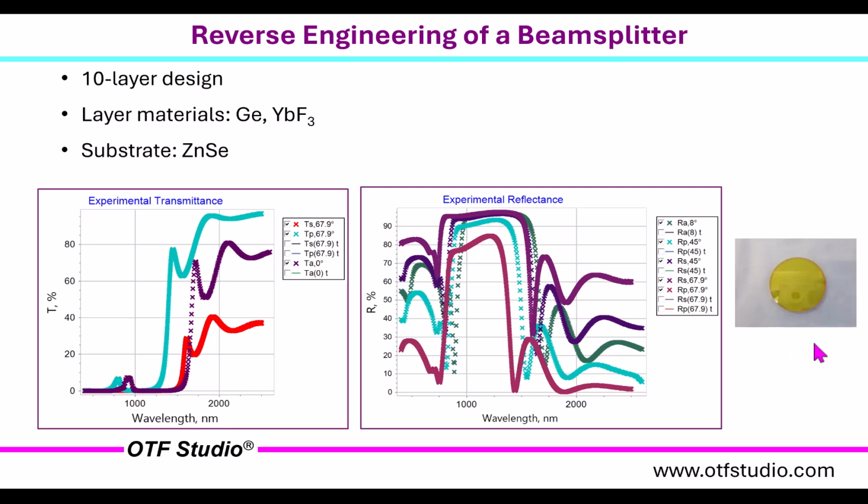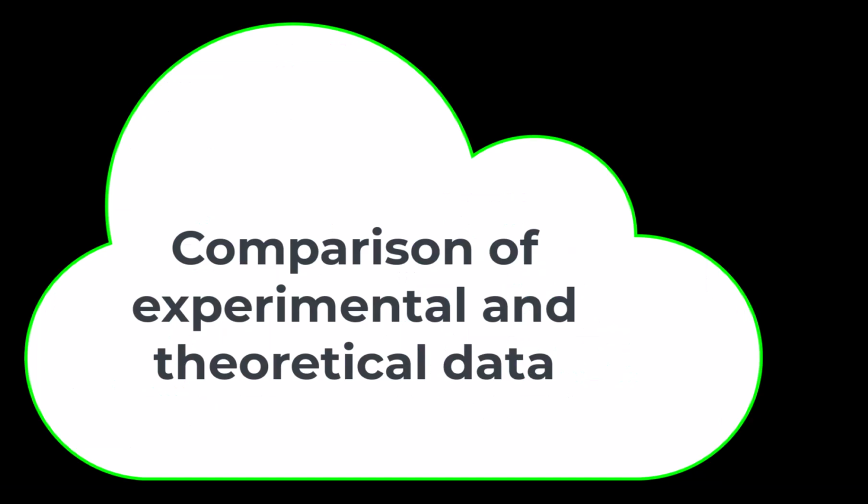I had experimental measurement data: experimental transmittance measured at the Brewster angle, 67.9 degrees for zinc selenide, S and P polarizations. Also transmittance at normal incidence, and reflectance at quasi-normal incidence 8 degrees, 45 degrees S and P polarizations, and Brewster angle, also S and P polarizations.